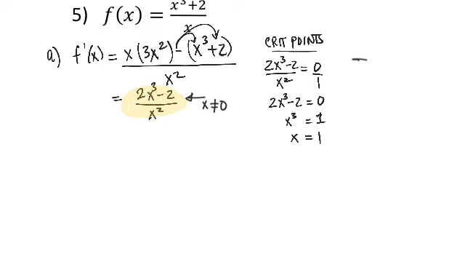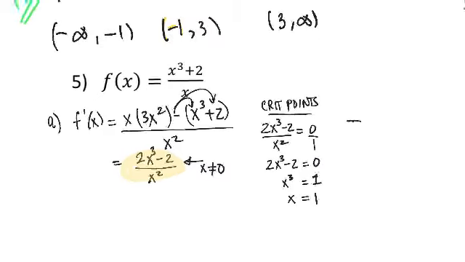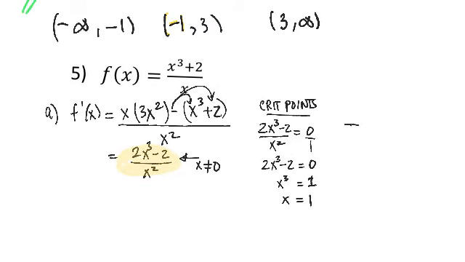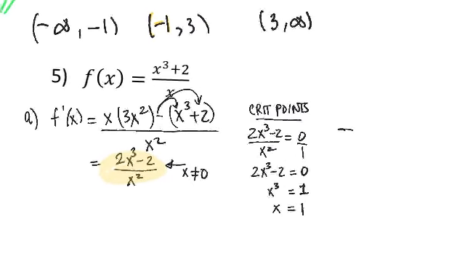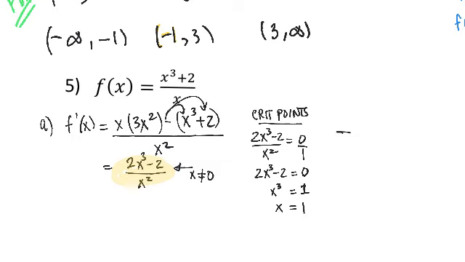It's because of the denominator. So you might be wondering, is that a critical point because f prime does not exist at x equals 0? Well, we don't have to worry about it because if you look at f, f also has an excluded value at 0. X equals 0 is not in the domain of f, so it is not necessary to include it as a critical point.